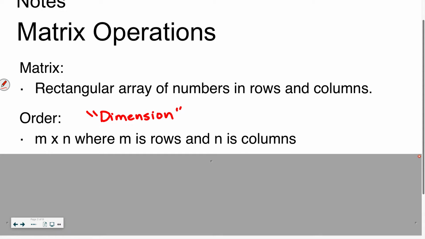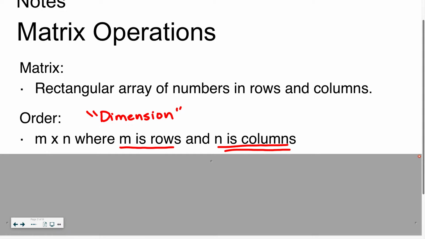We often say the order is m by n, like 2 by 2 or 3 by 3, where m is your rows and n is your columns.